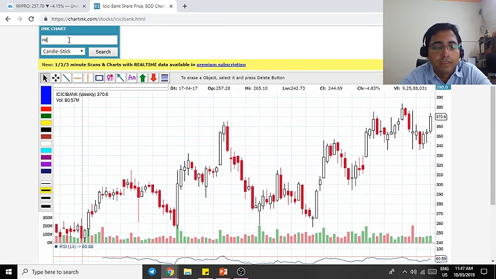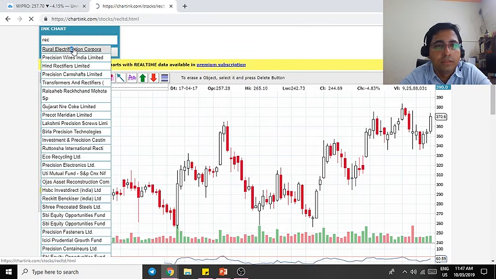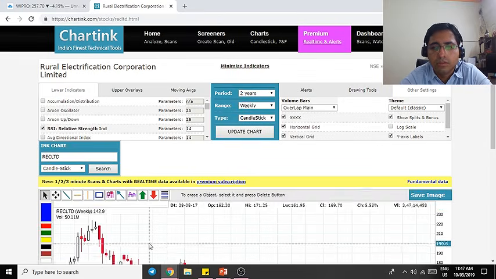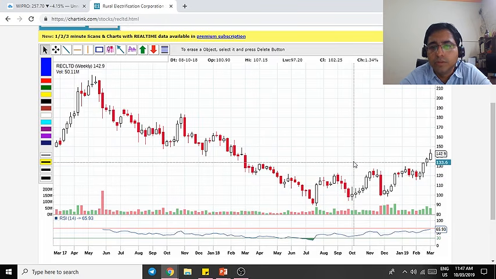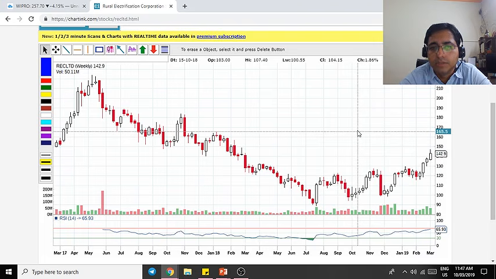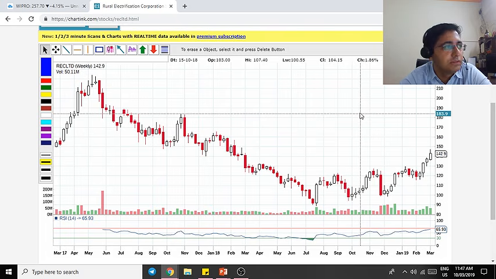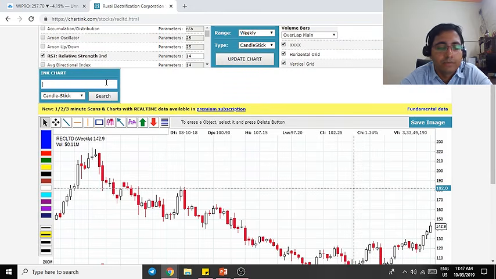Then REC as a stock is doing something very good recently. It has given a breakout, and I think it will be merged into PFC, so you will be getting shares of PFC. So I'm giving a view based upon the current REC price. From 143, I expect it to go to 165 to 180 levels in future.